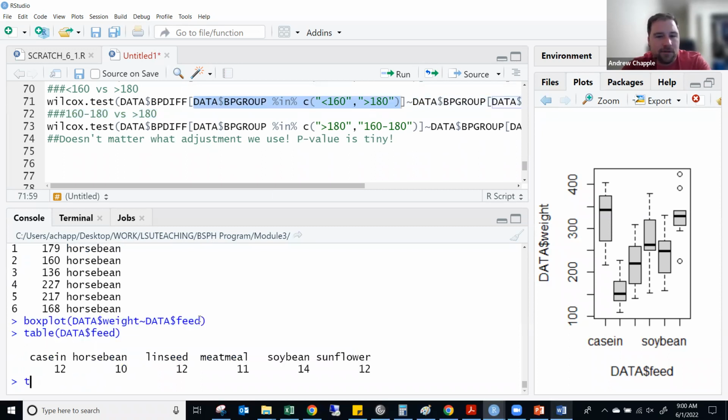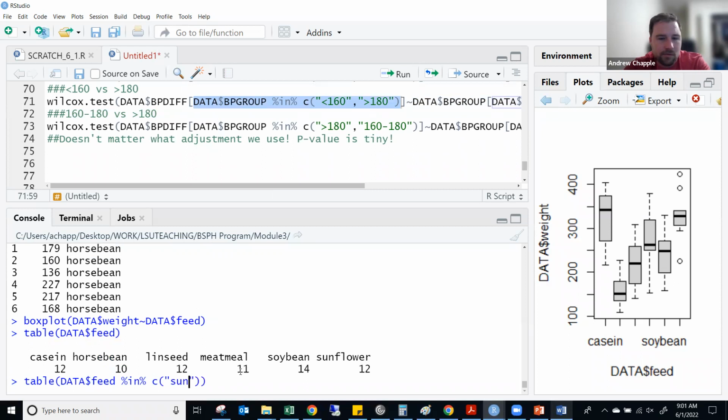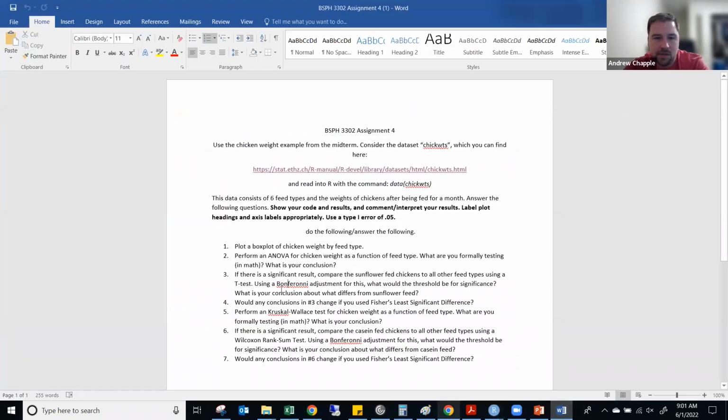You're going to want to do an indicator that looks like data feed equals sunflower and soybean to make that comparison. You're going to want to use this kind of indexing just like this up here for those t-tests. And you're going to want to do all 5 pairwise combinations.